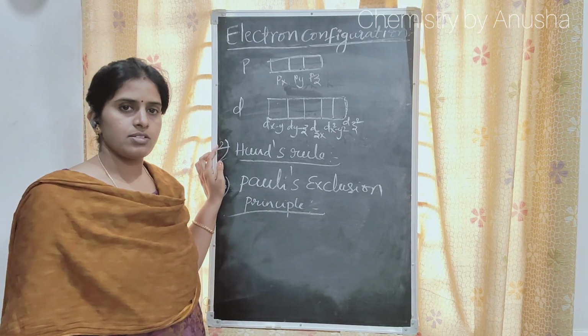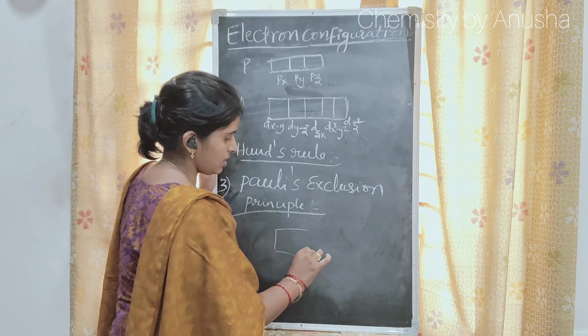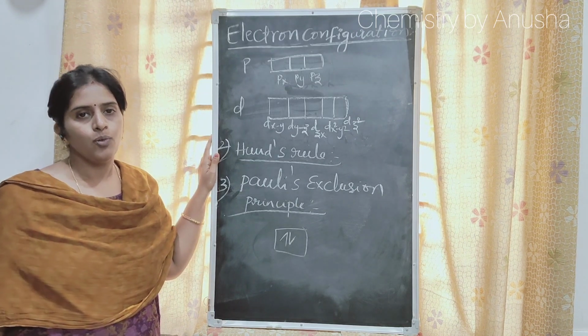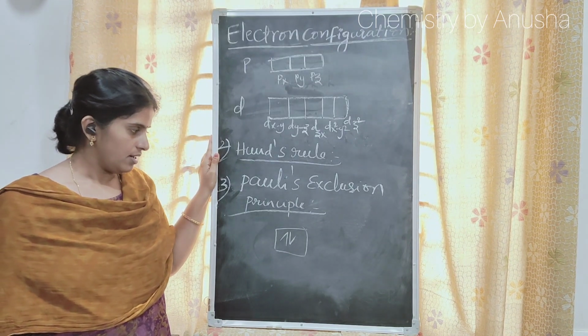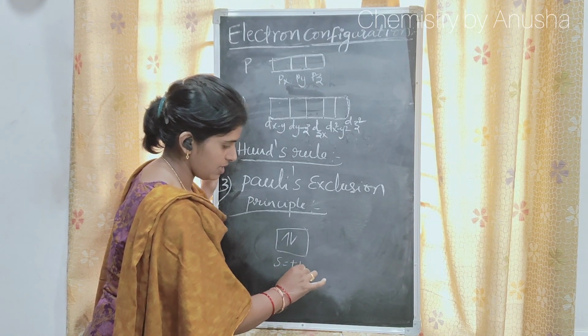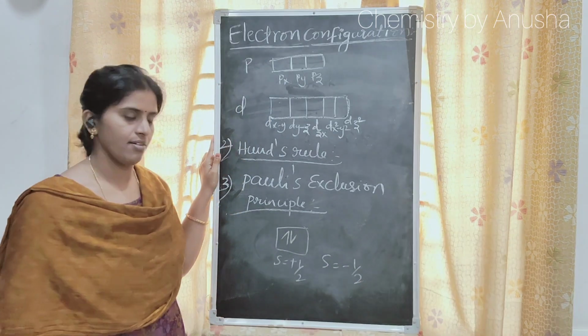In Pauli's exclusion principle, the maximum number of electrons in each orbital is 2, and no 2 electrons can have the same set of spin. If one electron has plus half spin, then the other electron definitely has minus half.